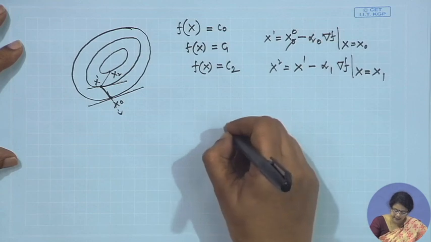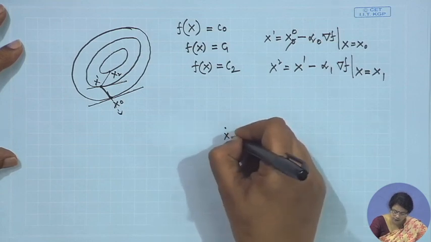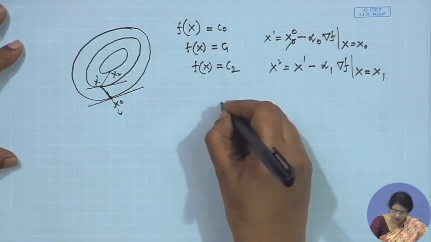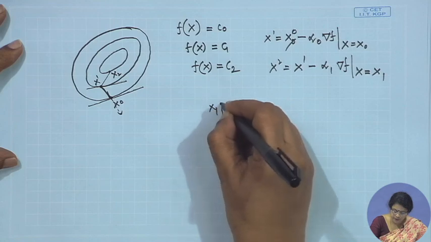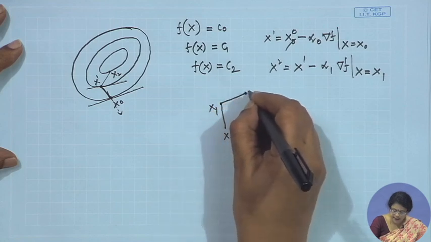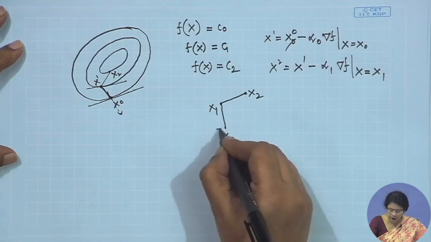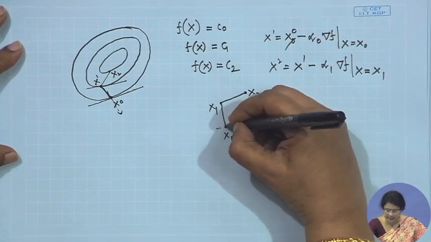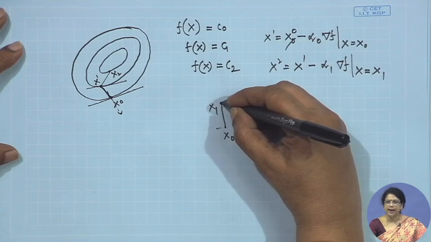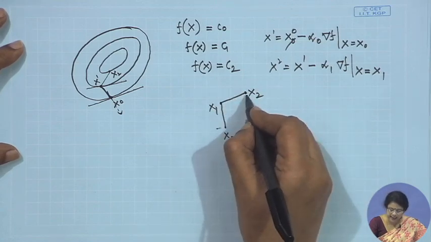Now, if we consider three points x naught, x1, and x2, what do you see? At x naught we consider the gradient direction. Again from x1 we are considering the gradient direction.